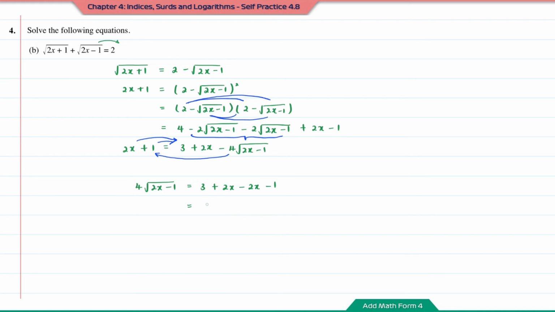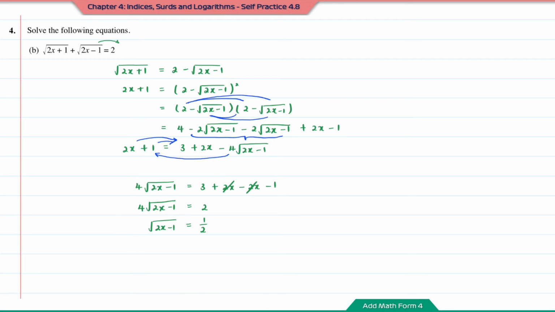So 3 minus 1, you're going to get 2, and the 2x terms will be eliminated. So next, I'm going to move this 4 to the other side. So it will be 2 divided by 4, which will give you the answer of 1 over 2.